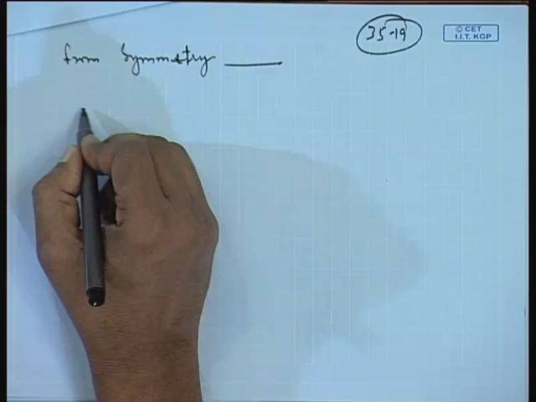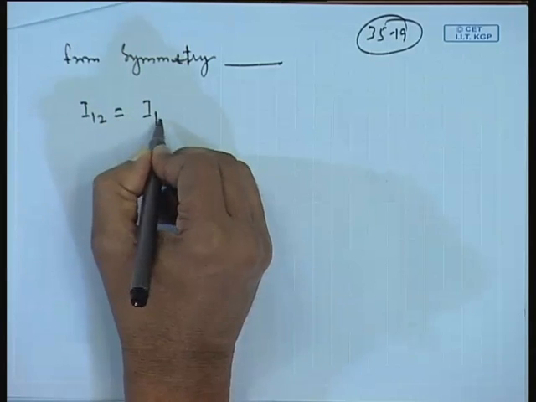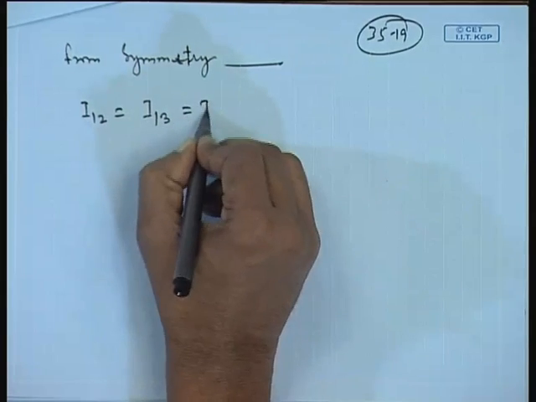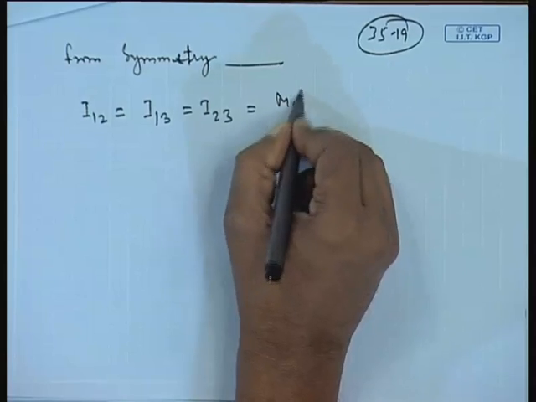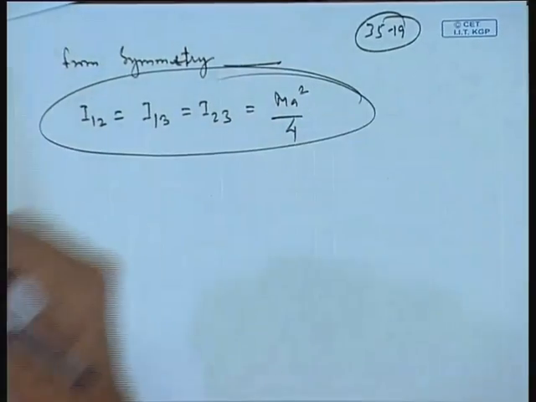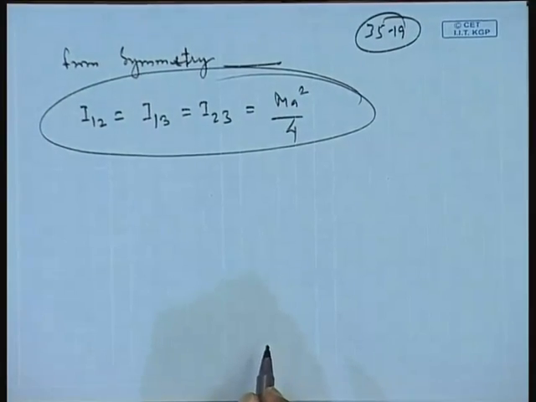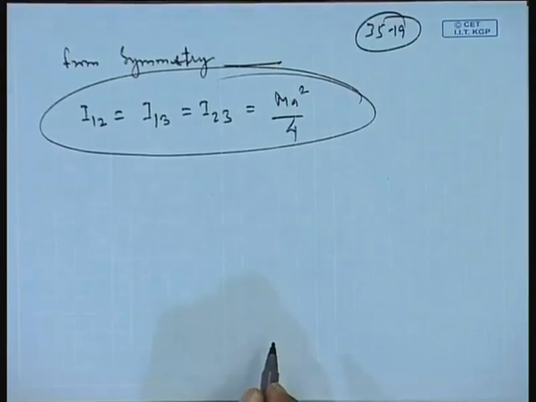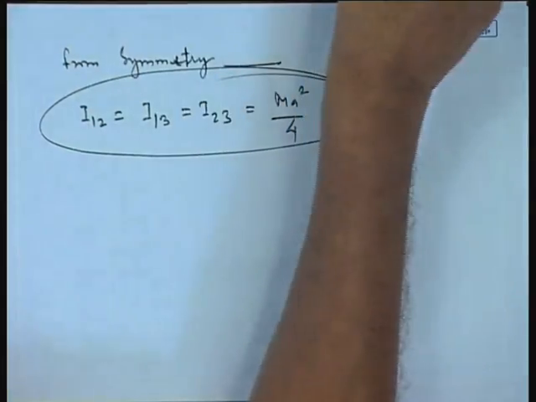From symmetry we can write I 12 equal to I 13 equal to I 23 equal to m a square by 4. Okay. So, this is the cross product of inertia. So, your inertia matrix is now available.